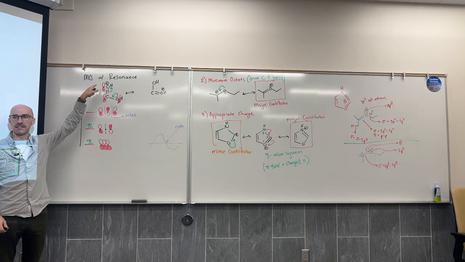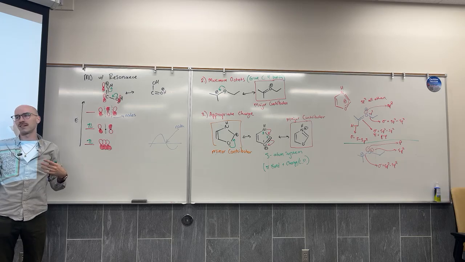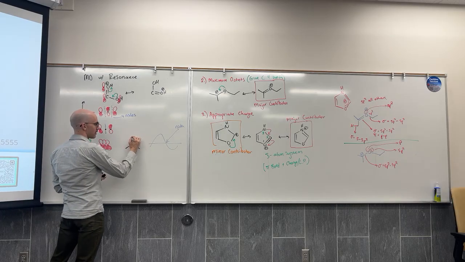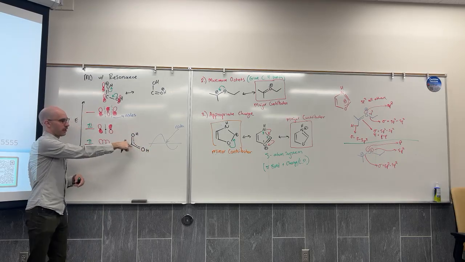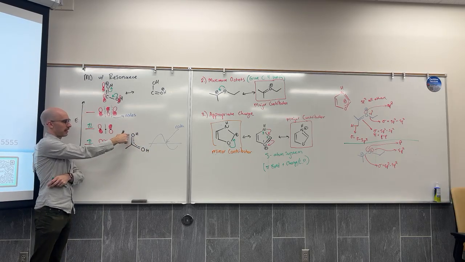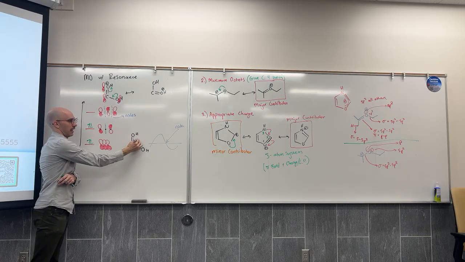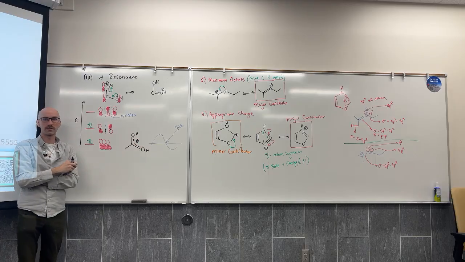Lewis structure says the pi electrons are moving. MO theory says, no, they're not. MO theory says that there is 1 double bond across both oxygen, carbon, and oxygen. There is 1 pi bond spread across that whole region and a positive charge delocalized.